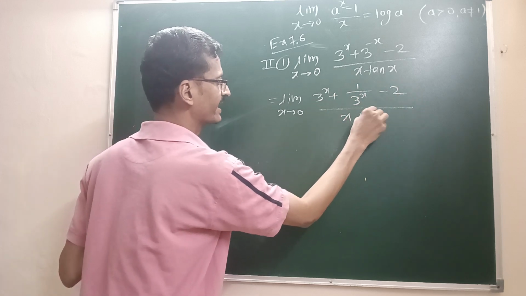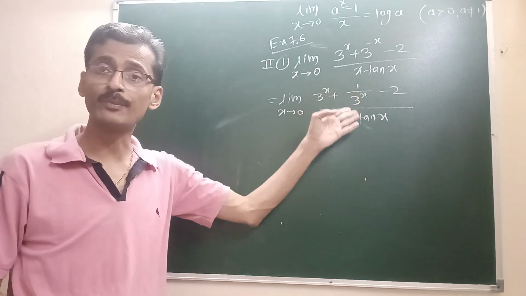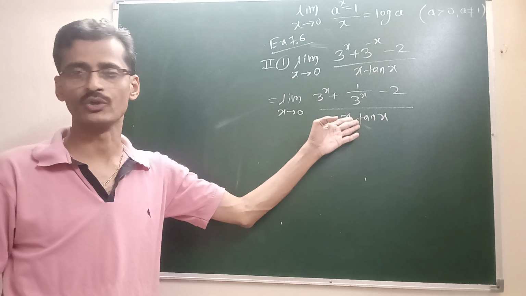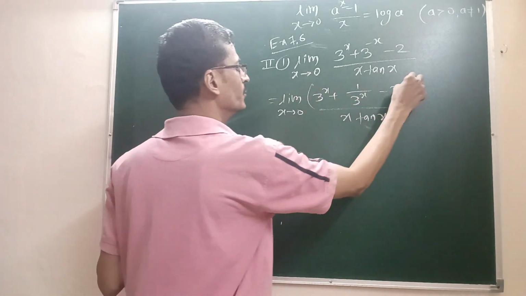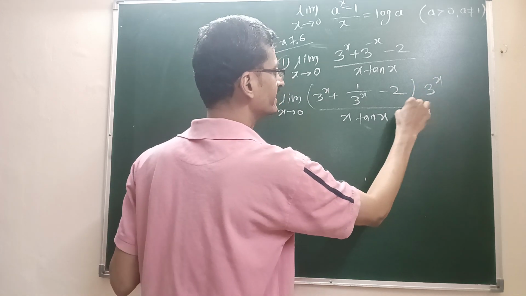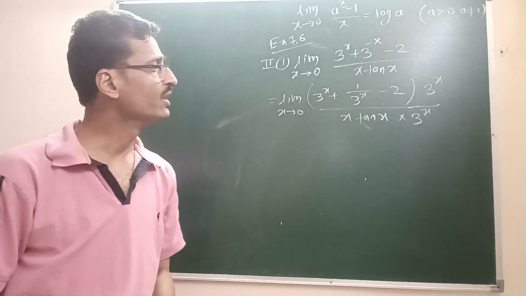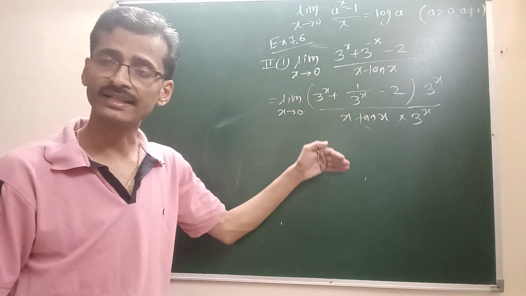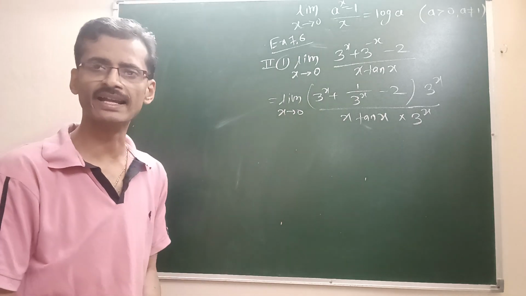upon x tan x. Now to simplify this, as 1 upon 3 raised to x is given, to cancel this 3 raised to x, multiply numerator and denominator by 3 raised to x. That means we multiply and divide.